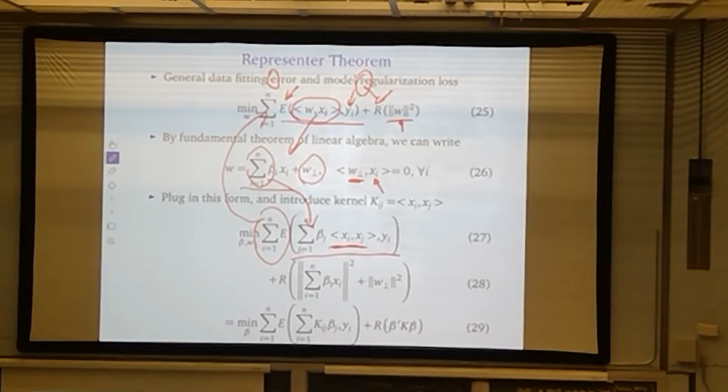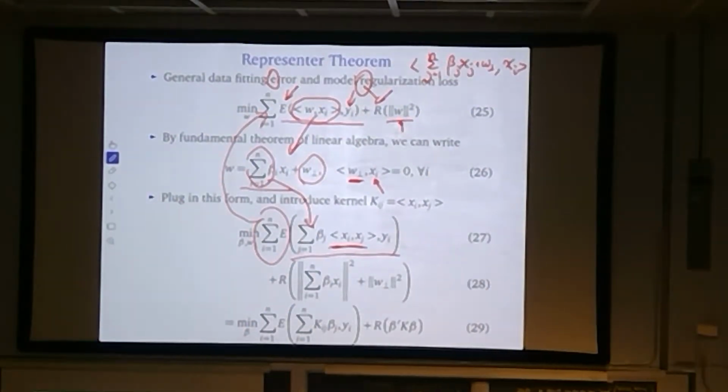Essentially it's the sum over j of beta j xj, that's my W, plus the null space component, inner product with xi in equation 25.